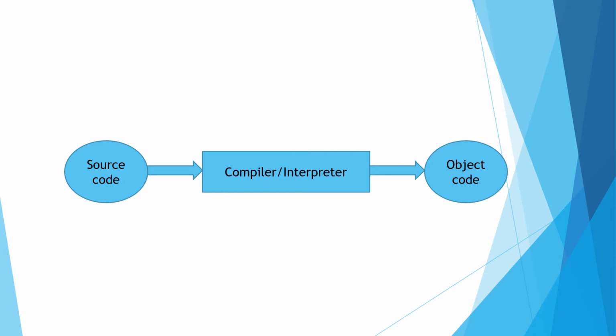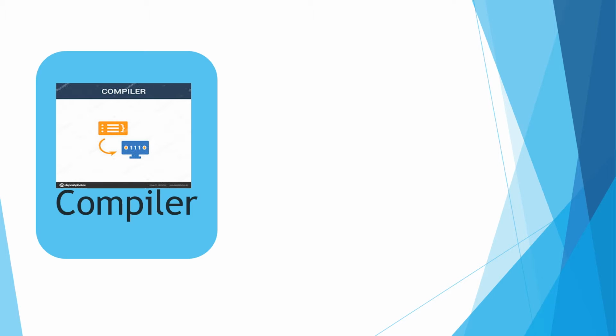Now this object code can be executed by the computer hardware. Although they both, the interpreter and the compiler, perform the same task, they work in different ways.